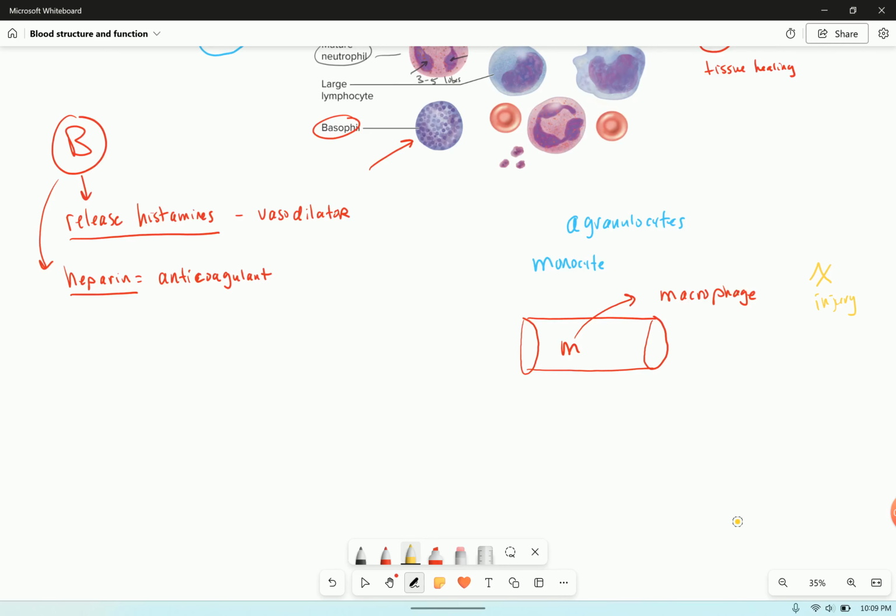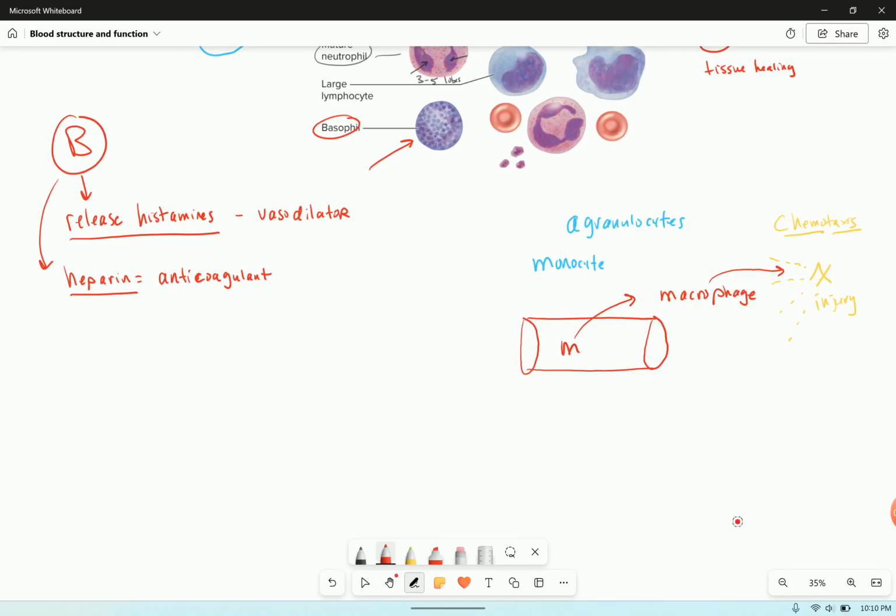And a macrophage knows to go to this area because of a chemical signal called chemotaxis. Chemo means chemical, and taxis means movement, like a taxi cab or taxi. So chemotaxis is chemical movement. The bacteria or pathogen or whatever releases a signal. It does have its own chemical signal, and the white blood cells are attracted to that. So the macrophage knows to then go to the site of interest.